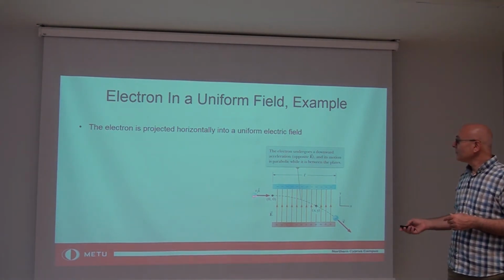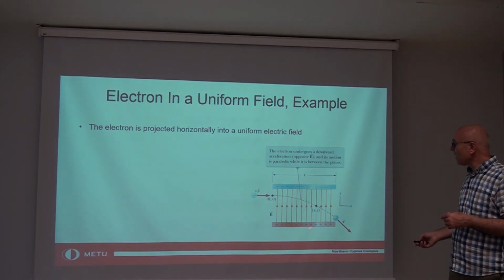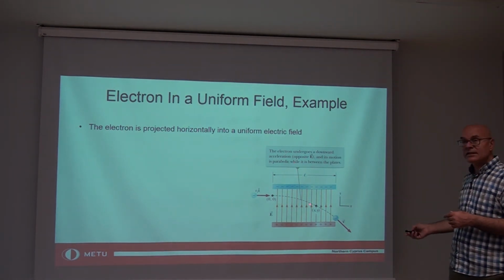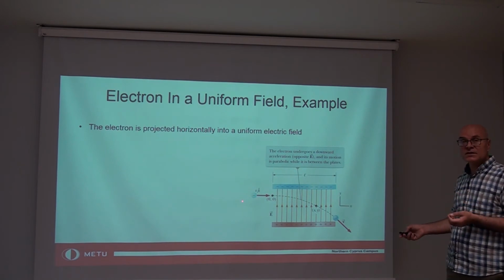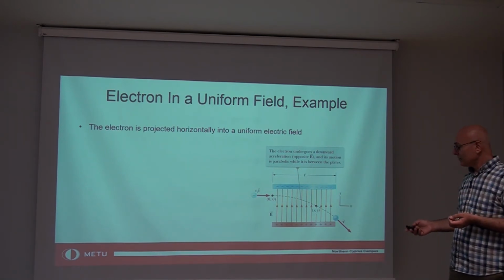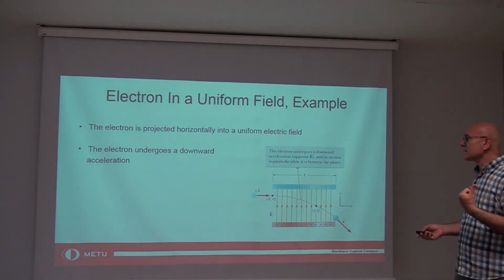Here we have a uniform electric field, directed from down upwards, as you can see here, and we have an electron, which is a negative charge. This electron enters the electric field at some point here with a given speed, which is a horizontal speed along the positive y direction. Now the electron will undergo a downward acceleration.